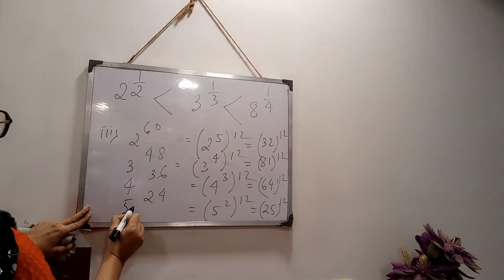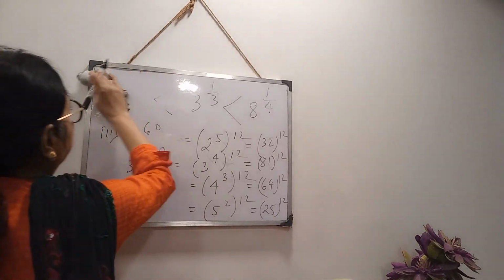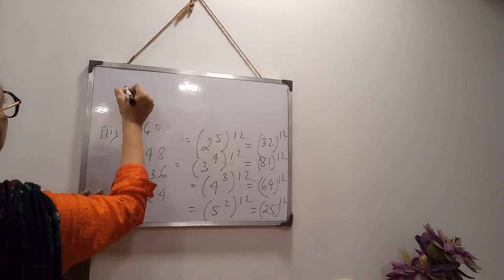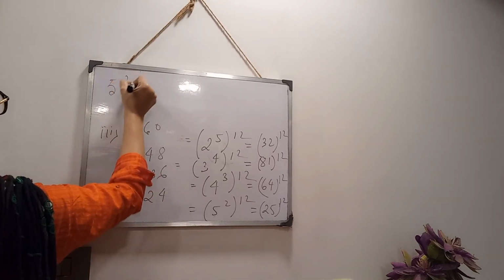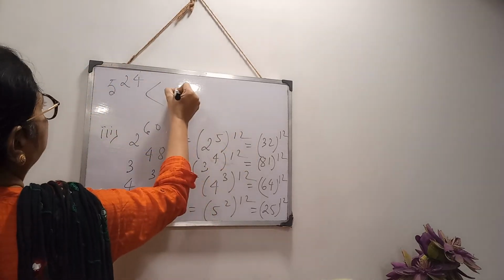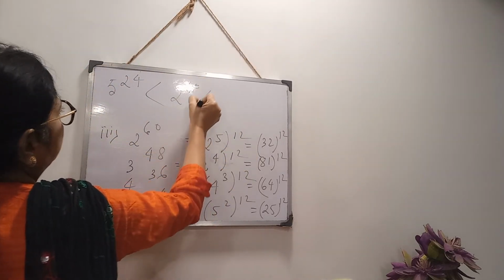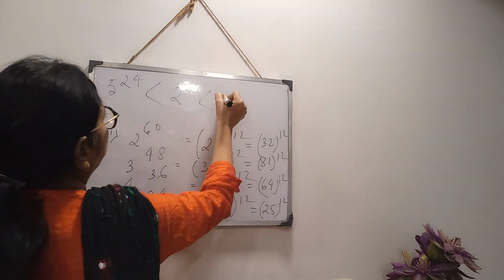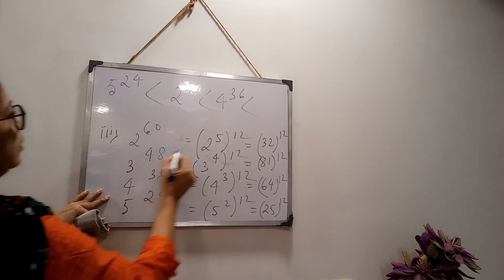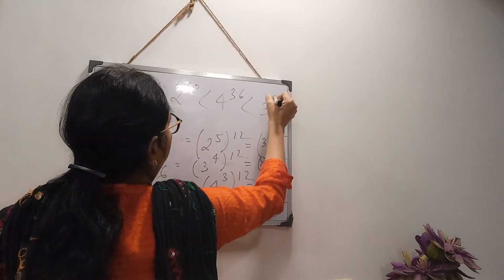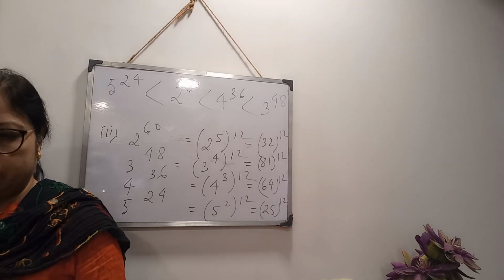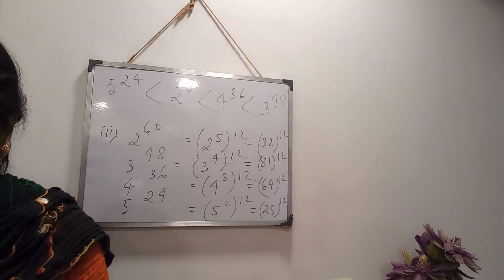So the required ascending order will be 5 to the power 24, then 2 to the power 60, then 4 to the power 36, then 3 to the power 48. Clear? This is the required ascending order. So next one you will get in the next video.